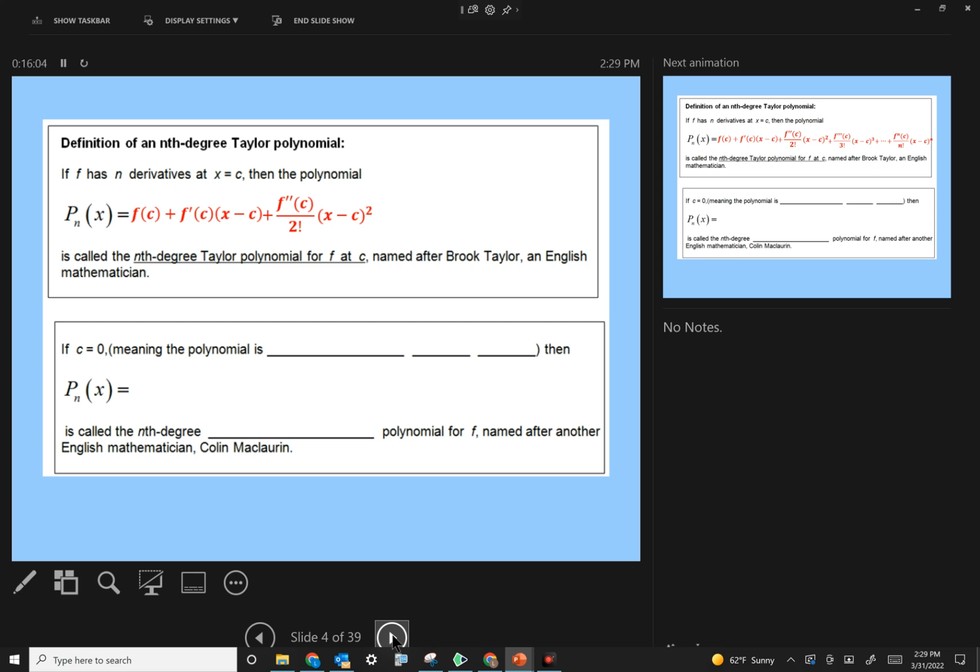Even though we don't write it, this is kind of like the 0 derivative, meaning it's not a derivative. You with me? What would you speculate the next one would be? The third derivative over 3 factorial times the parenthesis to the third.